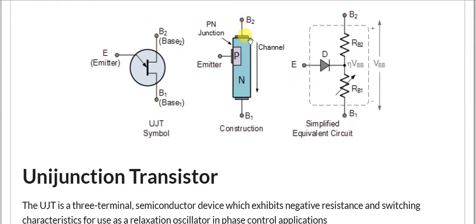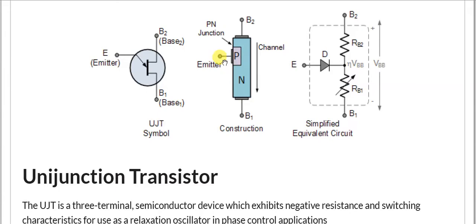As its name indicates, in a unijunction transistor we have a single junction. Suppose we have an N-type bar, N channel material, a long bar, which has a greater length than the P type.